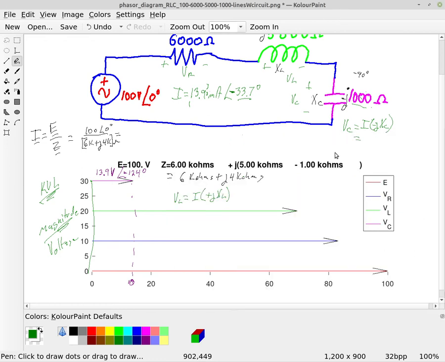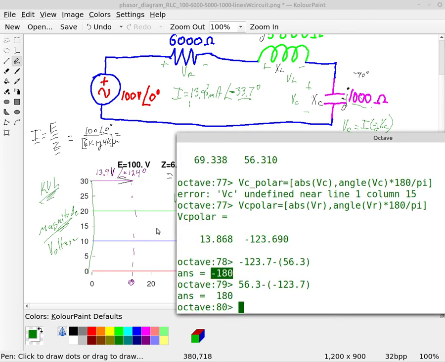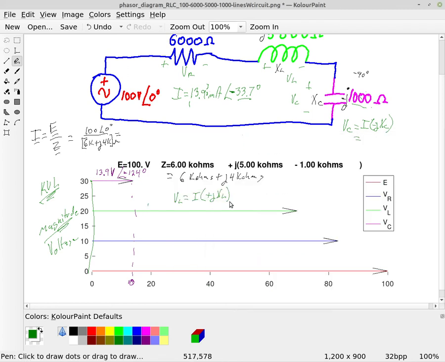And so let me just write down that voltage value here. For the VL, it was 69.3 volts, and the angle was 56.3 degrees.